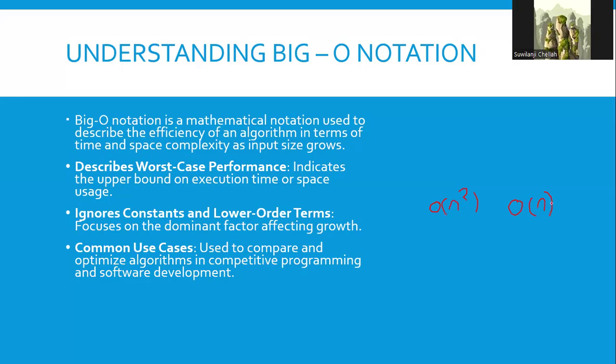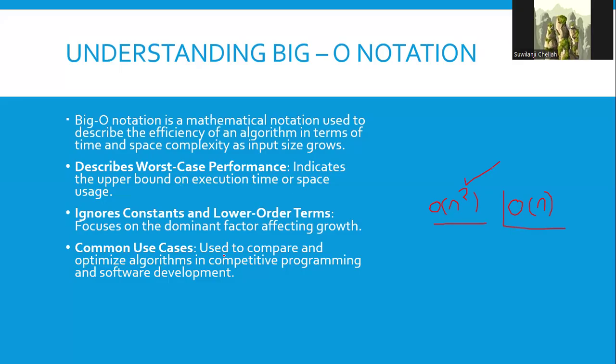We know that if n is 2, then n squared is going to be 4. The bigger between the two is going to be n squared, so our algorithm is going to dwell on this higher order term. It's going to ignore the other function and just focus on this one. I hope it makes sense.